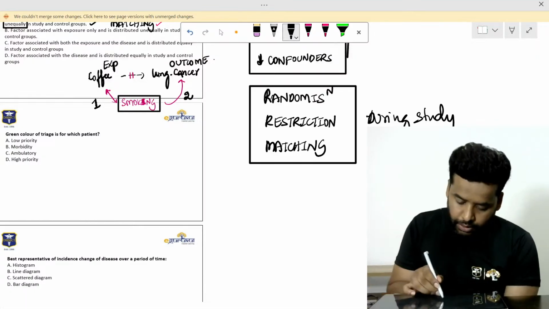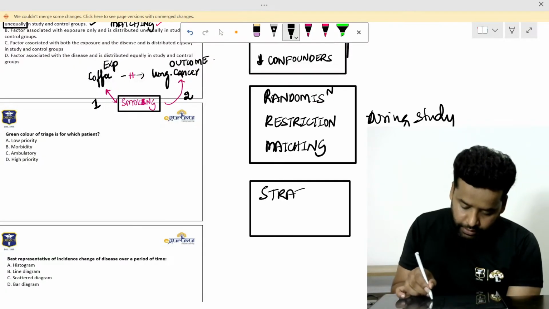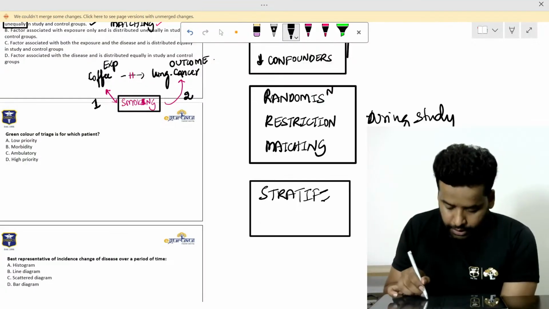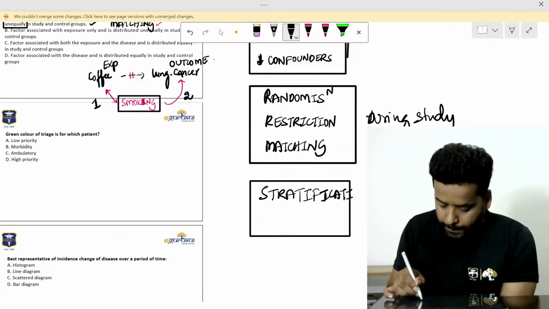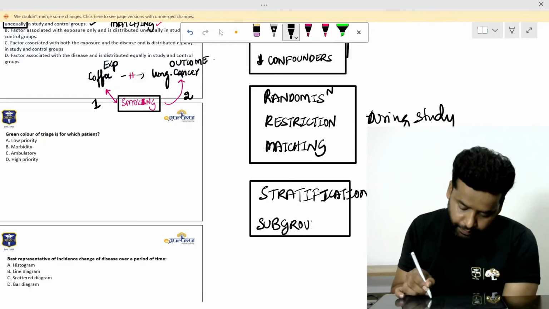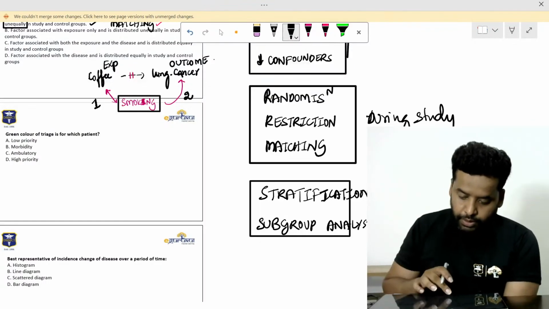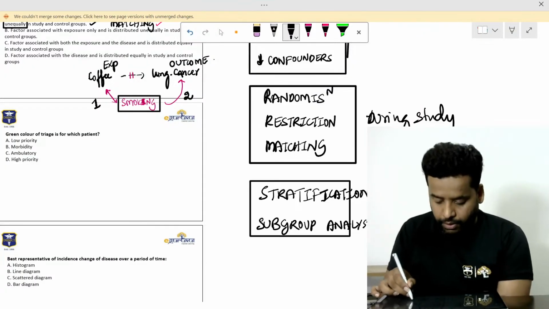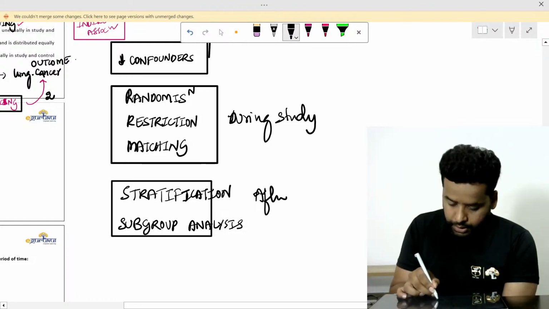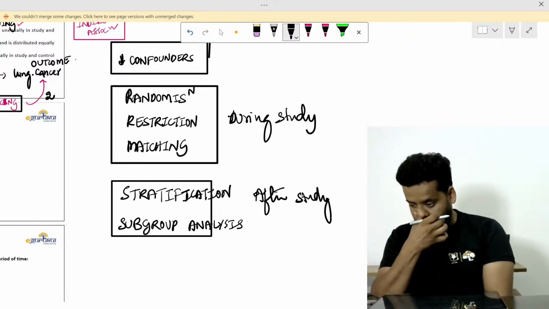After the study, you can do two things. When you analyze the results, you can do stratification, or you can also do subgroup analysis. So if they ask in detail what you will use after the study, these are the words to mention.